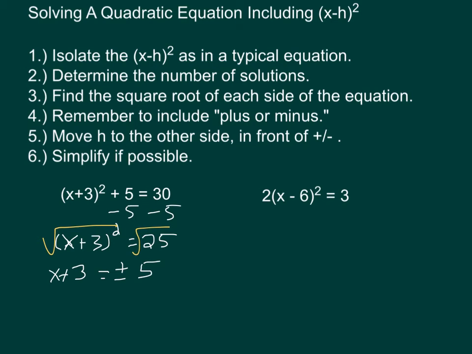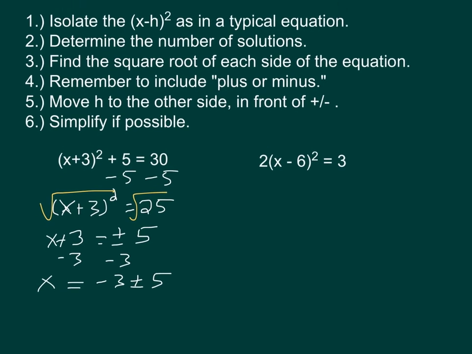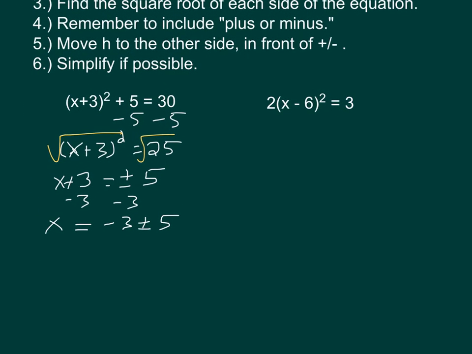Now what this actually means is I'm going to have to get two different equations here. I'm going to start by subtracting 3 from each side, and my answer would look like negative 3 plus or minus 5. I'm just going to scroll up a little bit here. If that's the case, I actually can create two new problems to get my answer.